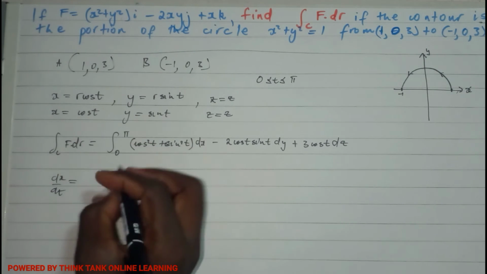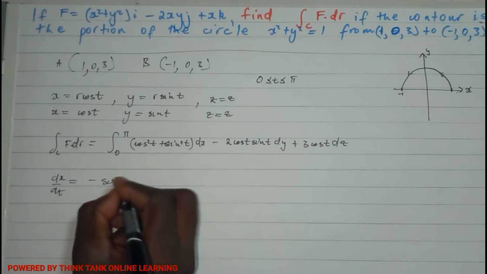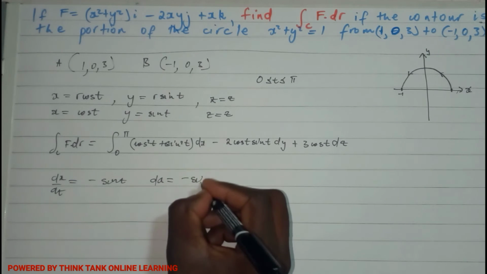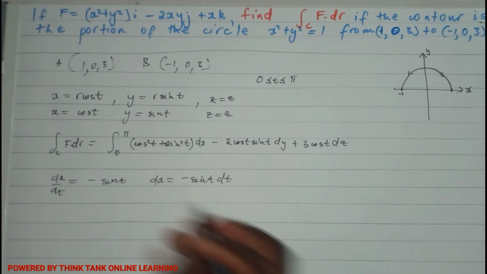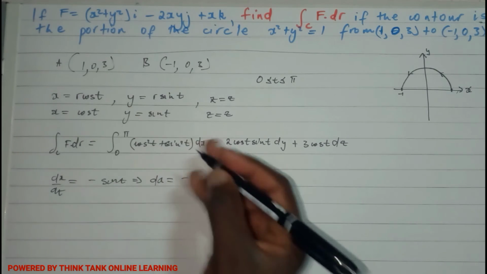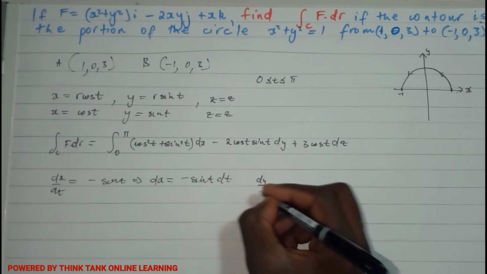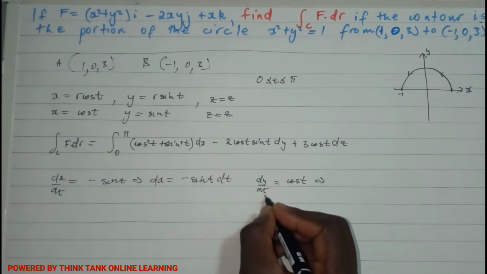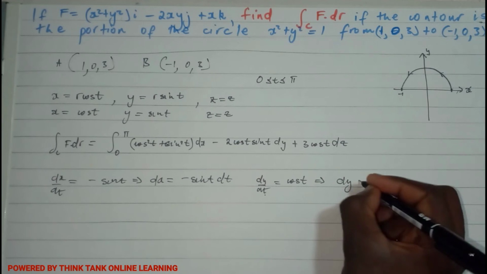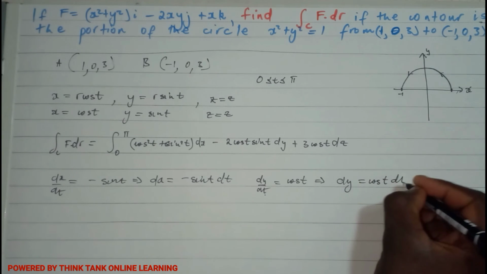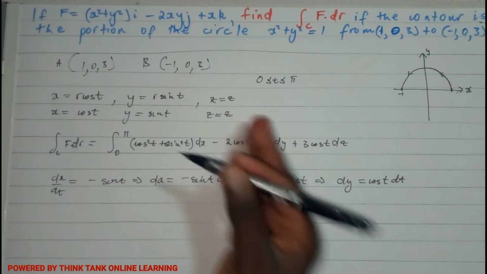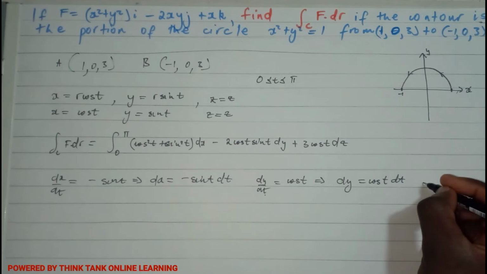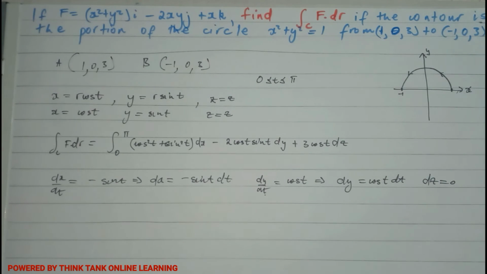If we differentiate y, dy/dt is cos t, so dy equals cos t dt. Then for z, if we differentiate z with respect to t, we get 0, so dz equals 0.